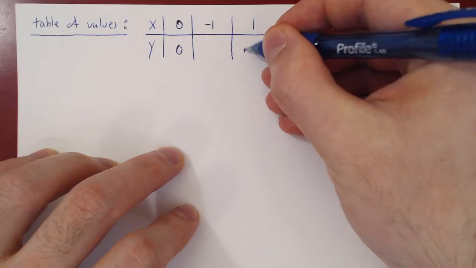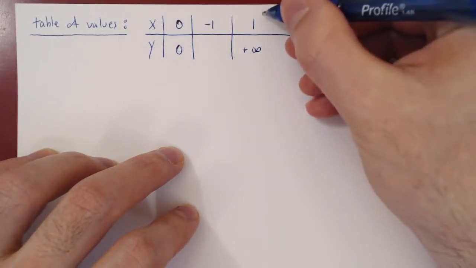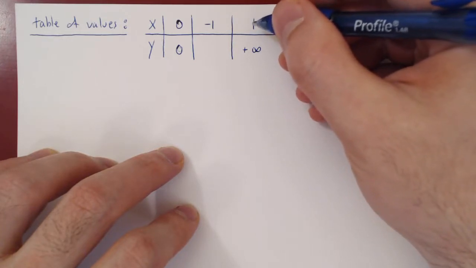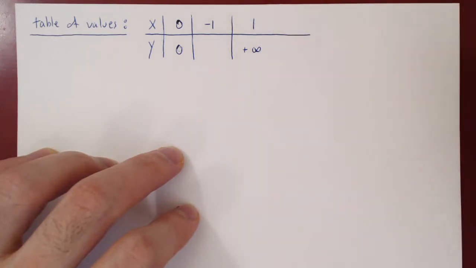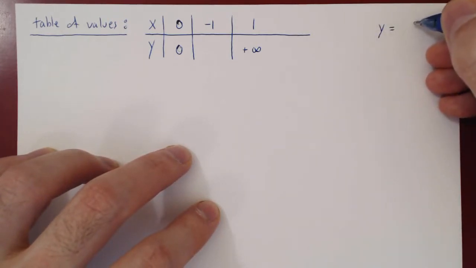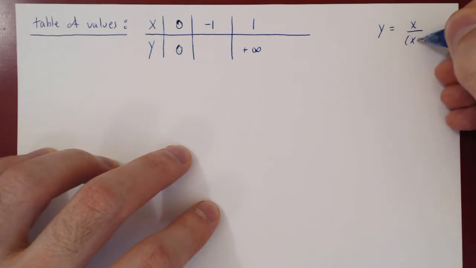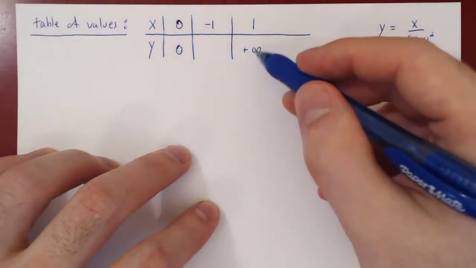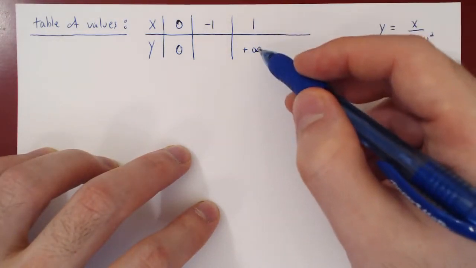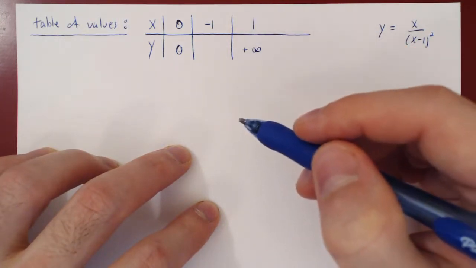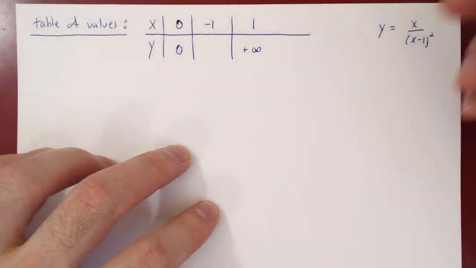So we can write here positive infinity to remind ourselves that when we are really, really close to 1, of course f of 1 is not defined. If you plug in 1 in the function, recall that the function was simply y equals x over (x minus 1) squared. If you plug in 1 here, you have a 1 over 0. Exactly, that's not defined. But we're writing this to say around x equals 1, y will shoot up to positive infinity from both sides.